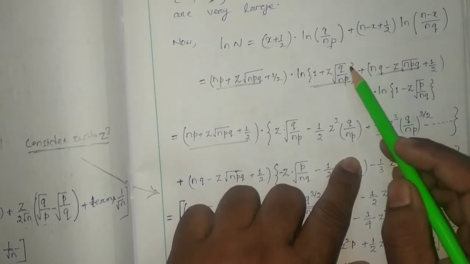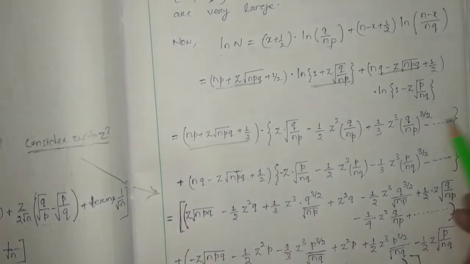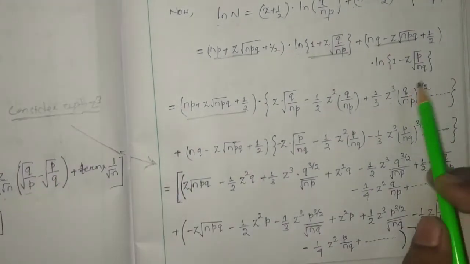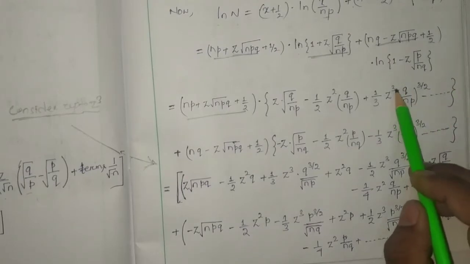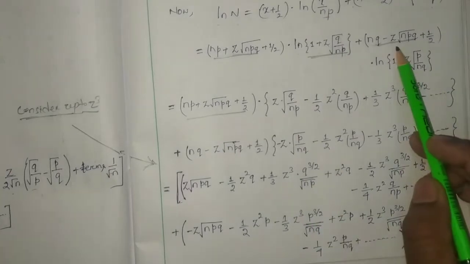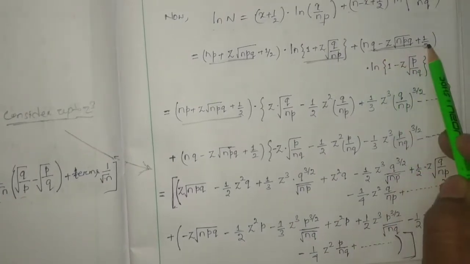Already 1 by 2 is there, so 3 by 2. Other terms here we have not considered, because we want up to z to the power 3, which is enough for our calculation. Okay, then here you concentrate that this term as such I have written over here.